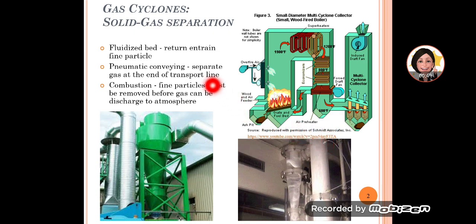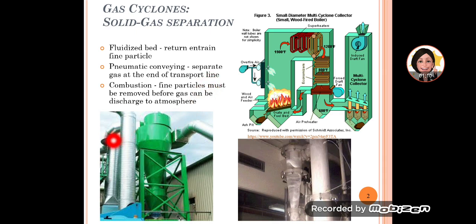It is also an important process in pneumatic conveying. In pneumatic conveying, air or gas is used to transport solids from one point to another. Once it has reached the point, we have to separate the gas at the end of the transport line and collect the solid particles.